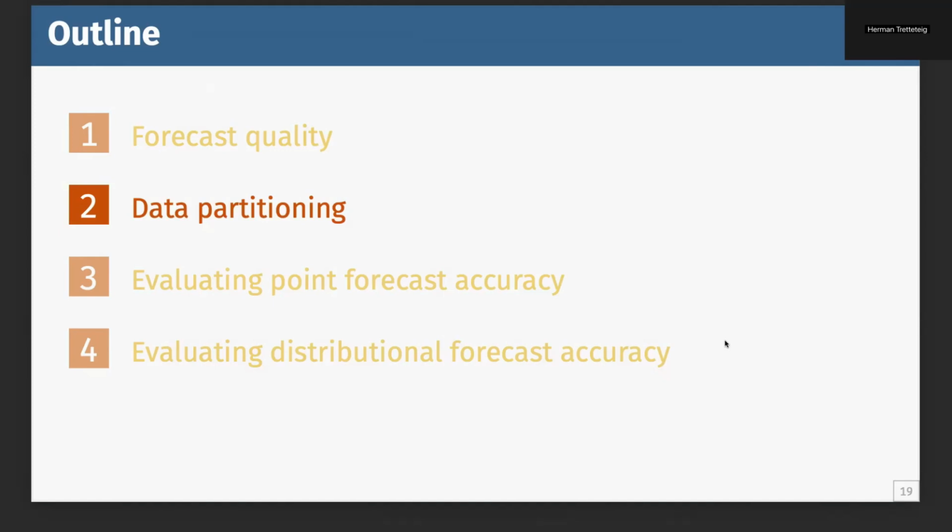Basically, I take my whole history and divide it into 2 parts, with different names: train and test, or in sample and out of sample.